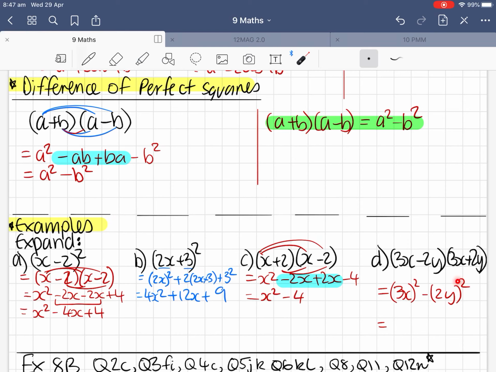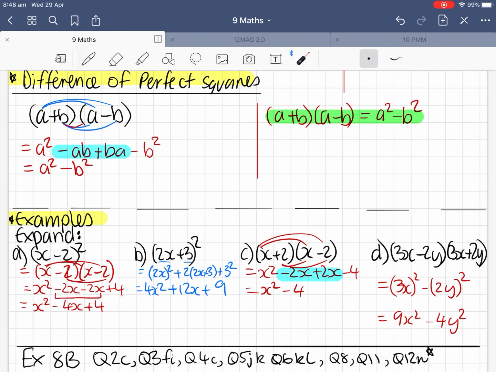Using our index laws, remember that squared applies to the 3 and the x, and that squared applies to the 2 and the y. My answer is just 9x squared minus 4y squared. And that's it. Remember, if you're not comfortable jumping straight to this step, please feel free to expand like we did in C as well.